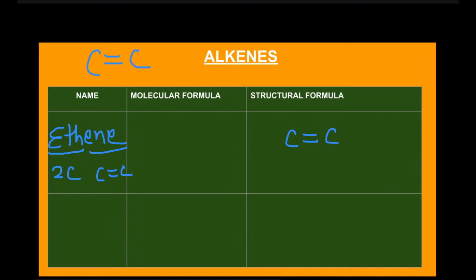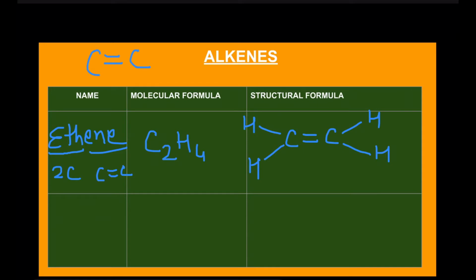So when we write C double bond C, then only 2 valencies are left on each carbon, and the valency is satisfied in this way. This is the structural formula of ethene. The molecular formula is C2H4.